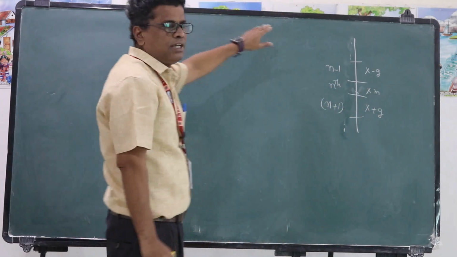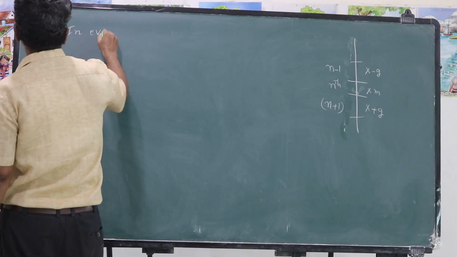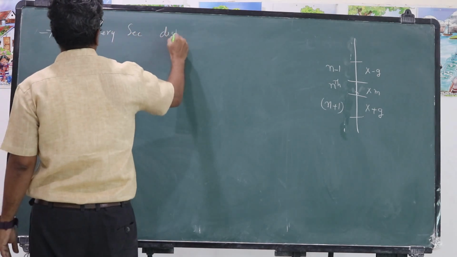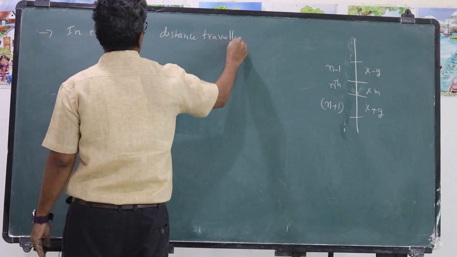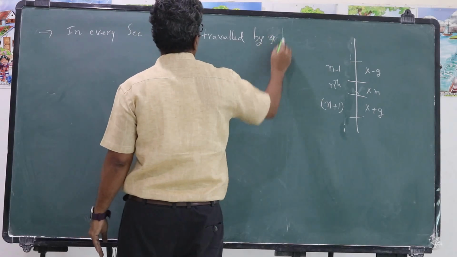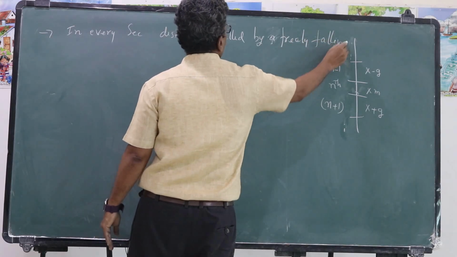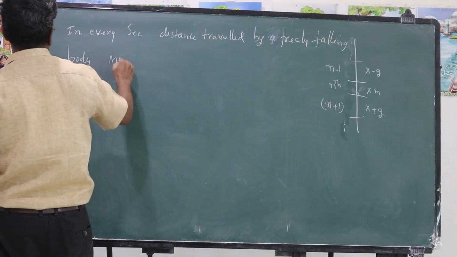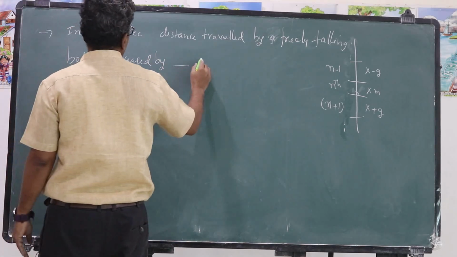That means in every second, the distance traveled by a freely falling body is incremented by dash units.